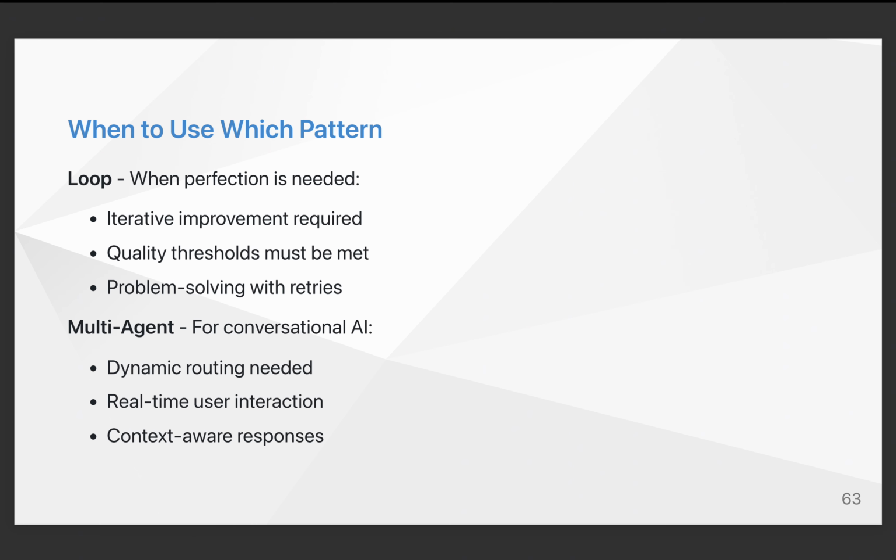You should use loop when perfection is needed for iterative improvements, meeting quality thresholds, or problem solving with retries. And remember, you should use a multi-agent system when you need dynamic routing, real-time interaction, or context-aware responses. Each pattern solves different problems, so choose the right one based on your automation needs.